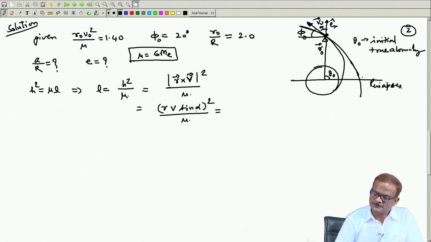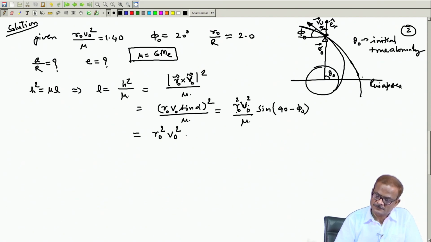Because alpha is not given but phi is given, we can write this in terms of r 0 v 0 sin alpha square divided by mu. So, r square v 0 square divided by mu, and what is the value of sin alpha? This will be sin of 90 degrees minus phi 0, so this reduces to cos phi 0 divided by mu. So, this is the value of L.